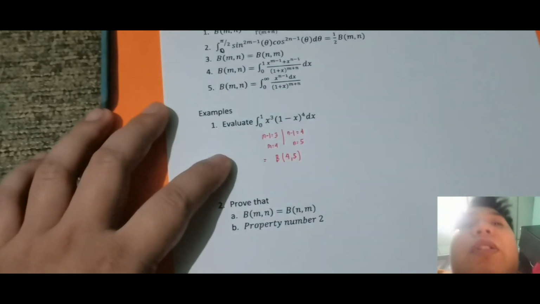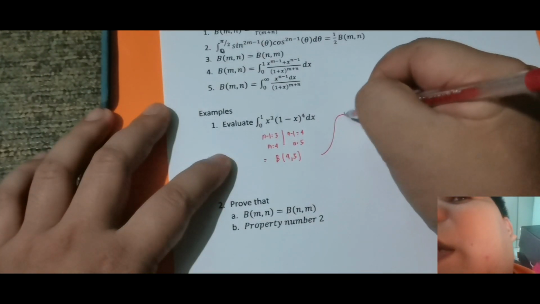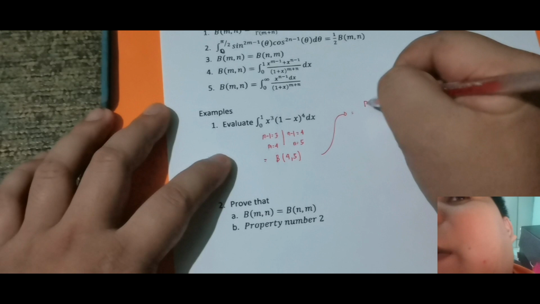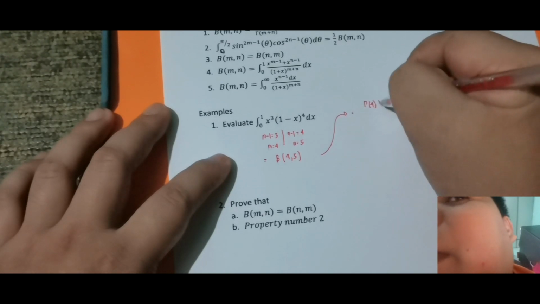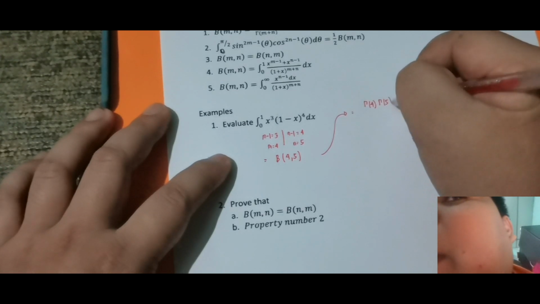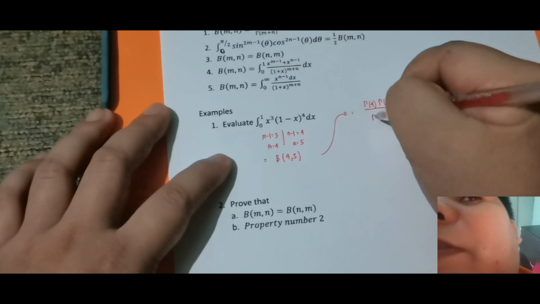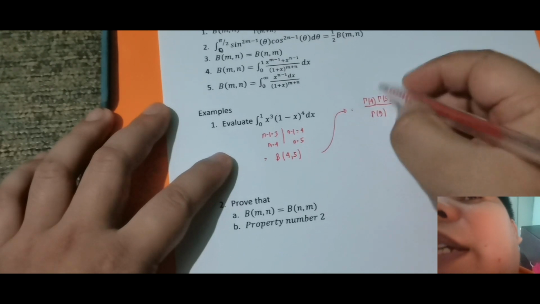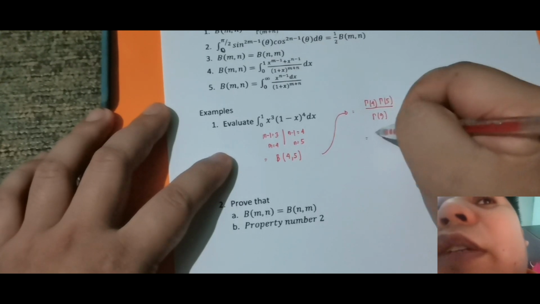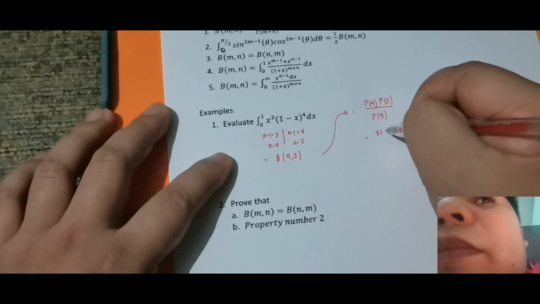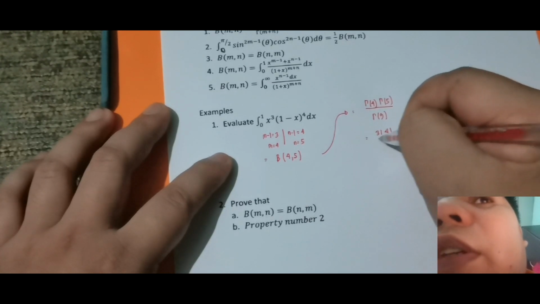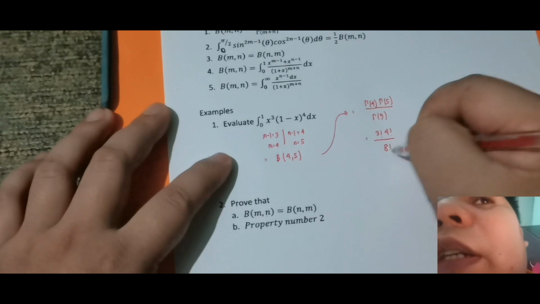Okay, so syempre, hindi pa tapos ang solution dyan. So this is just equal sa gamma of 4, then gamma of 5, over gamma of 9. So parang susolve ko rin pala talaga siya. And this is just equal sa 3 factorial, 4 factorial, all over 8 factorial.